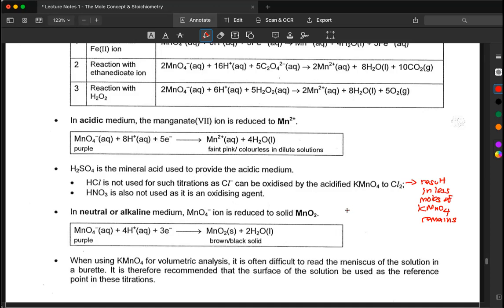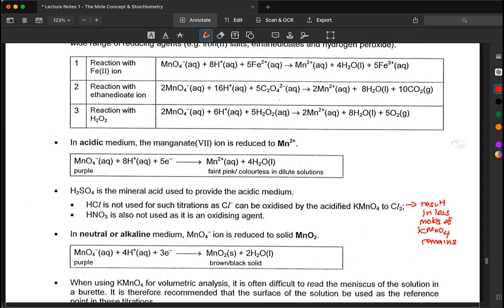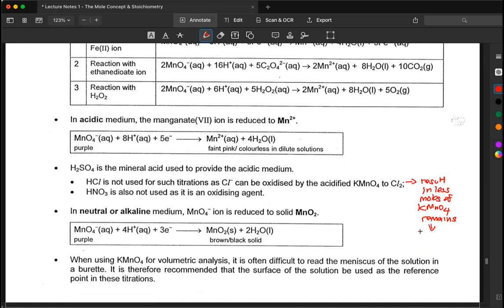And then the titration result will be affected. If the KMnO4 is in the burette, the titrant, then the volume of KMnO4 needed to react, because of fewer moles, will be more than expected, because you actually have a lower concentration.